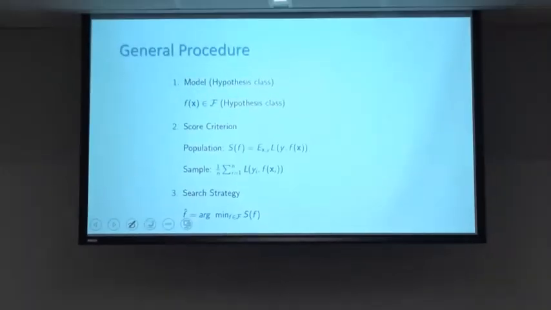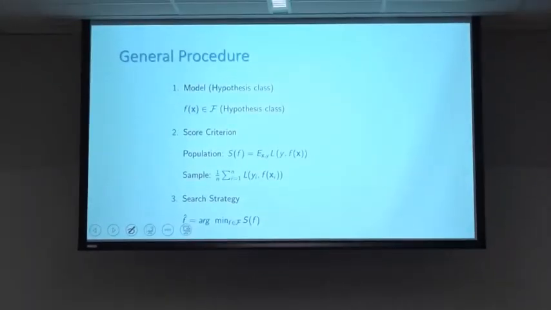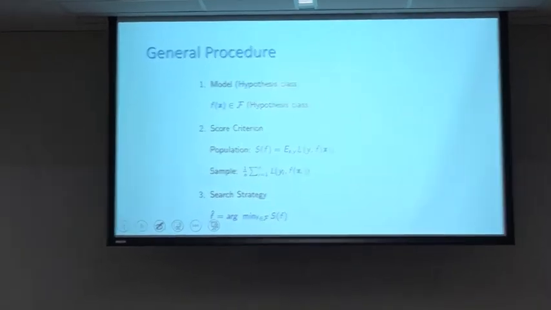In general, in any machine learning algorithm, there are 3 steps. The first step is that you want to model your data using a function f. And this function f, you're assuming that it comes from a hypothesis class. You have to make some sort of assumption about which hypothesis class can model this data.